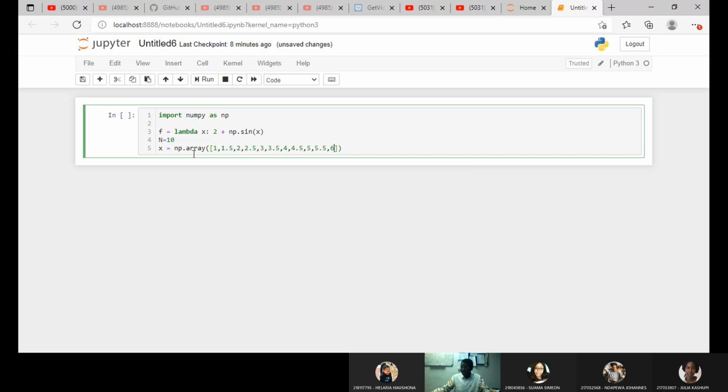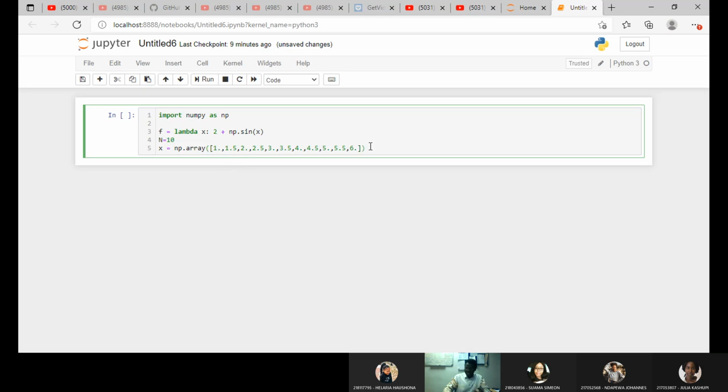Right, okay. Since I already say array, I can put a dot there to convert everything into real numbers instead of integers. It doesn't matter, but it will still do that automatically. Okay, so this is our x.